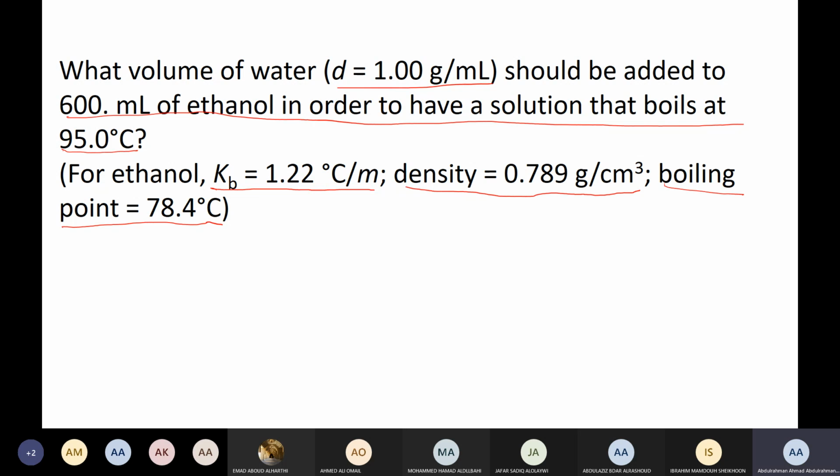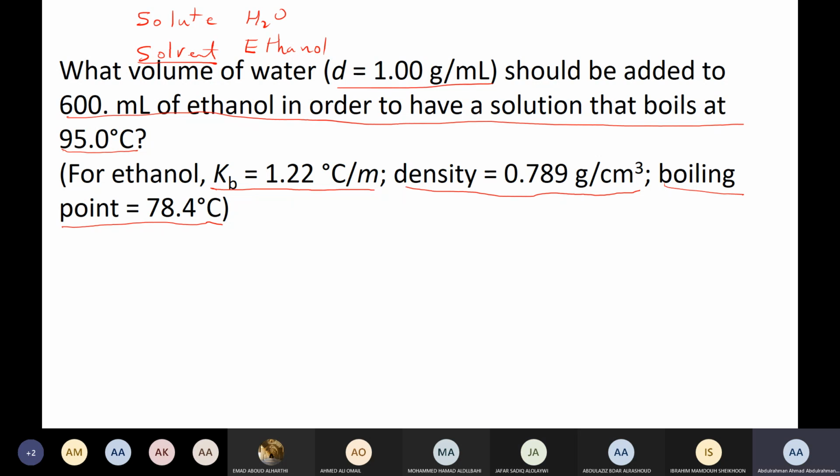All right. In this case, what is the solute and what is the solvent? The solvent is the ethanol, exactly. And the solute is water. You have to be careful.